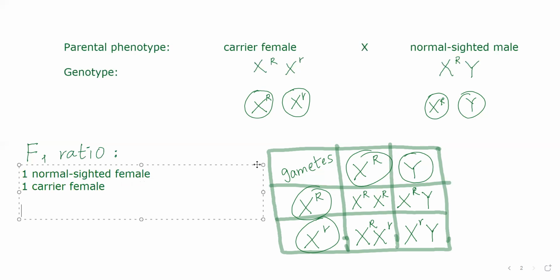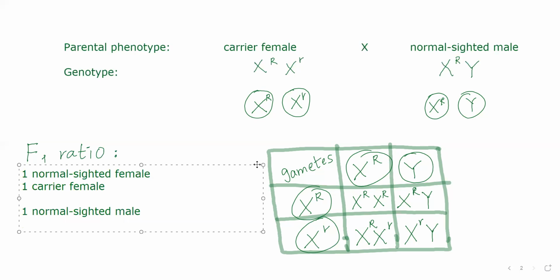I'll have one normal sighted male. Then next, one color blind male.